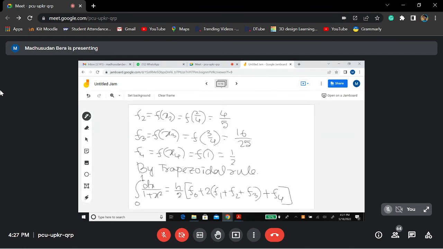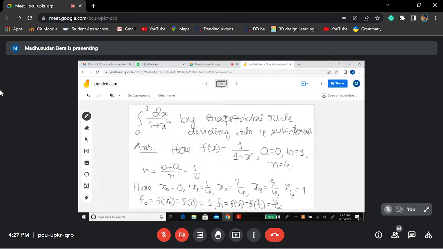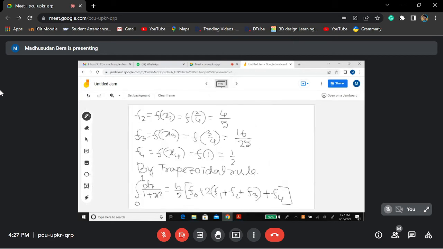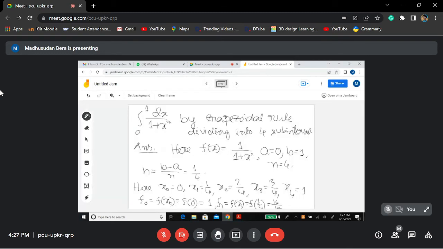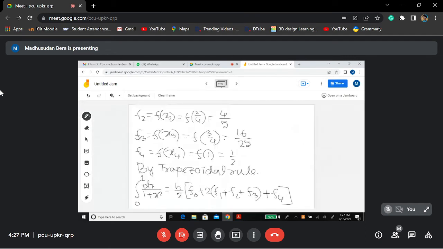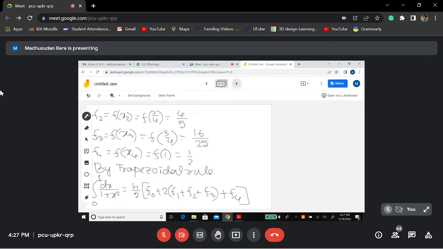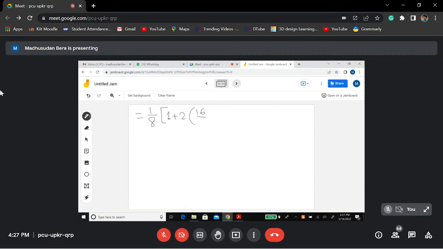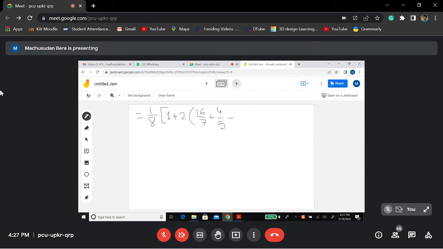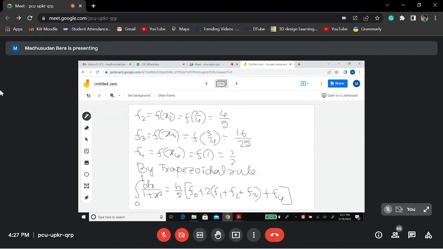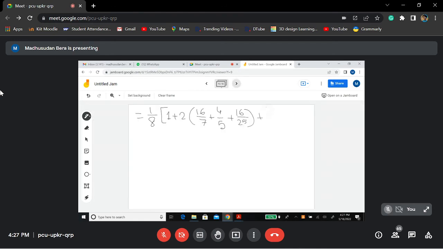f0 is 1. Then 1 plus 2 times f1, f1 is 16 by 17, plus f2 which is 4 by 5, plus f3 which is 16 by 25, plus f4 which is half plus half.